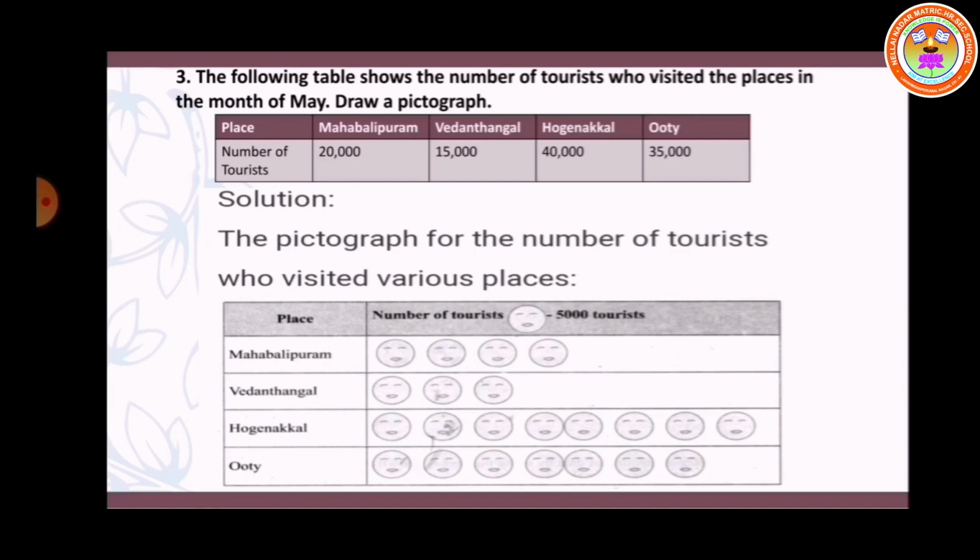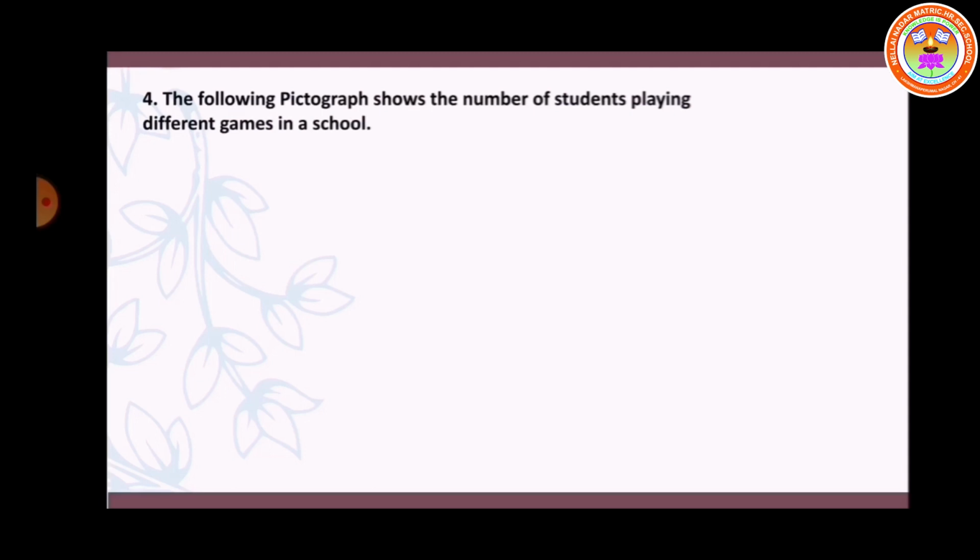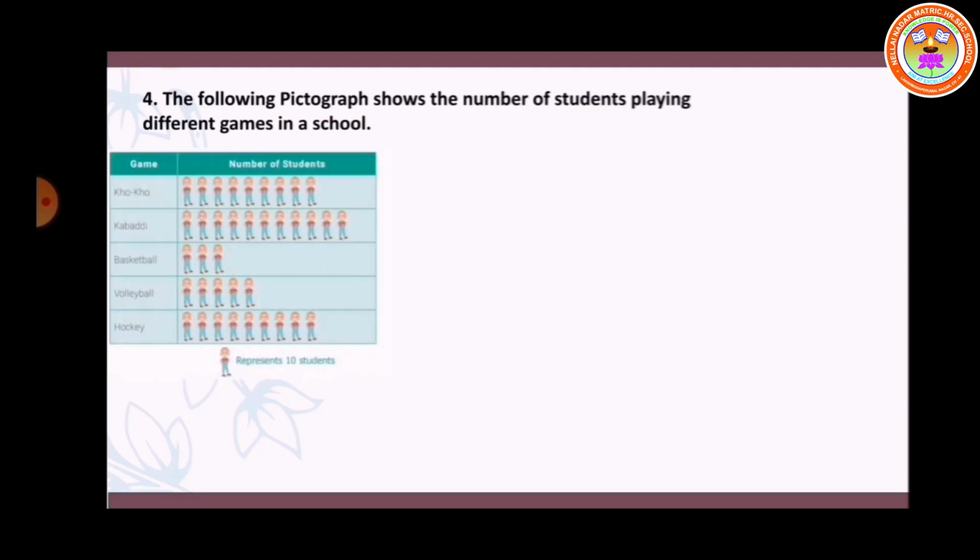Okay, children. Next, fourth question. The following pictograph shows the number of students playing different games in a school. Look at the picture. Here some games are given. Kho-kho, kabaddi, basketball, volleyball and hockey.